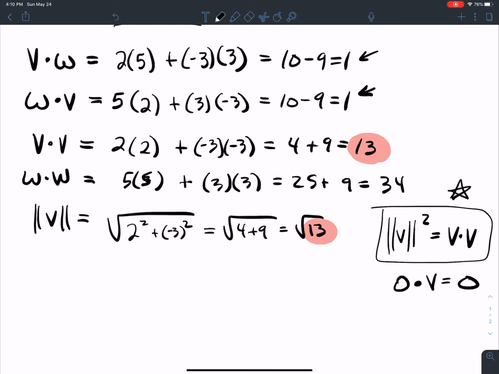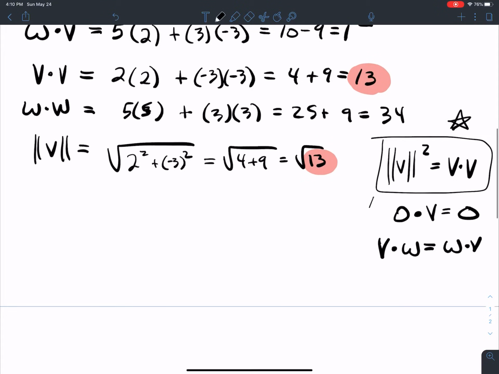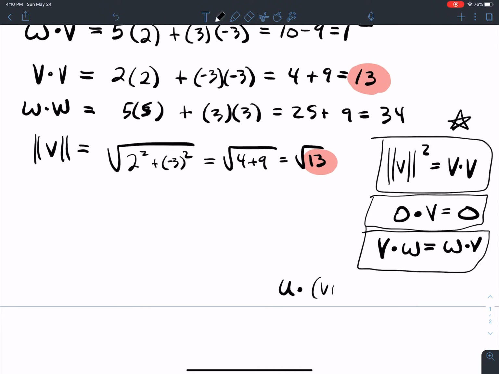That tells me that v dot w is equal to w dot v. Not from that particular example, but it does prove to be true. And then the distributive property: u dot (v plus w) is equal to u dot v plus u dot w. So it also distributes through.